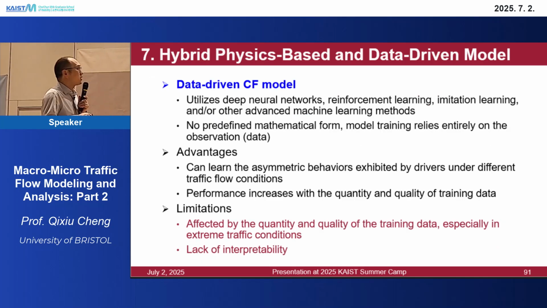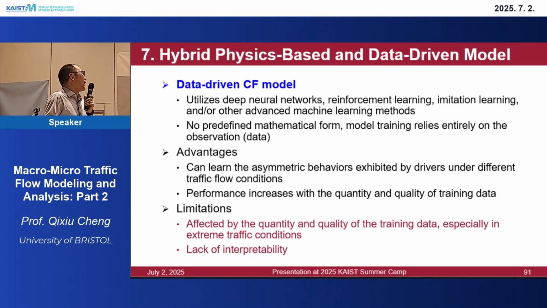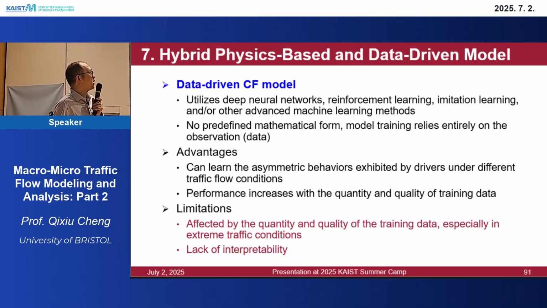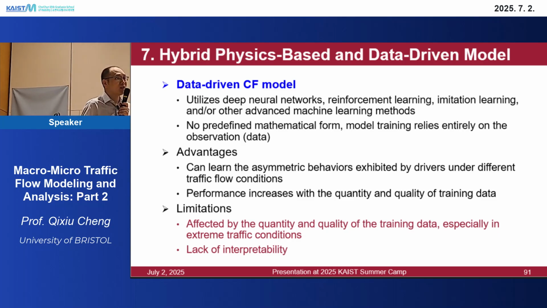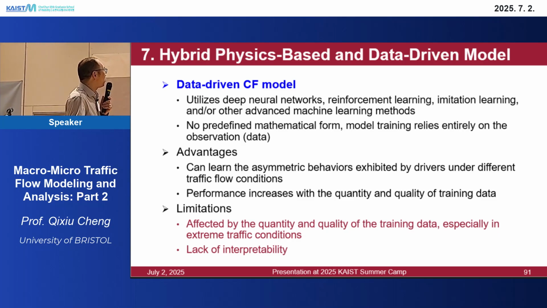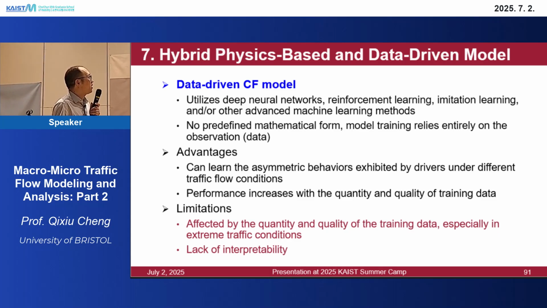Looking at the data-driven model, it utilizes deep neural networks, reinforcement learning, imitation learning, and other advanced machine learning algorithms. So they don't need a predefined mathematical form, and model training relies entirely on observations from the data.